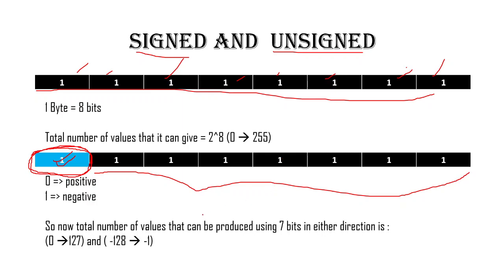If you calculate this, you get values on the positive side from 0 to 127, and from -1 to -128 on the negative side. If this is a number line, here is 0, so from 0 to 127, and from -128 to -1. So this is how the signed and unsigned concept came here.